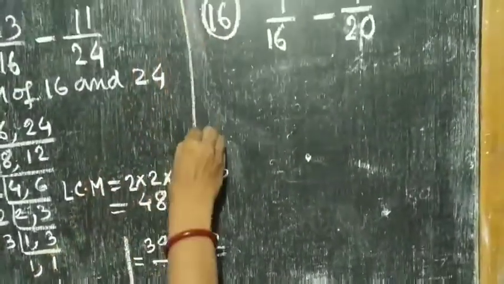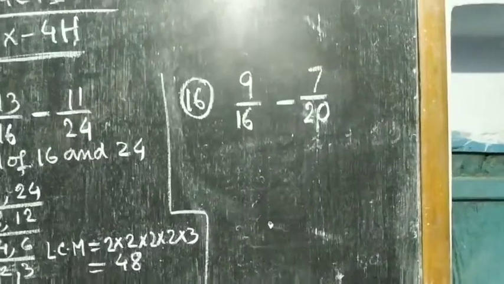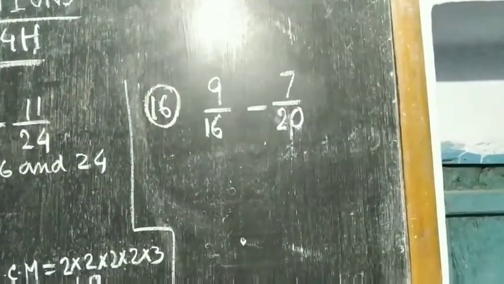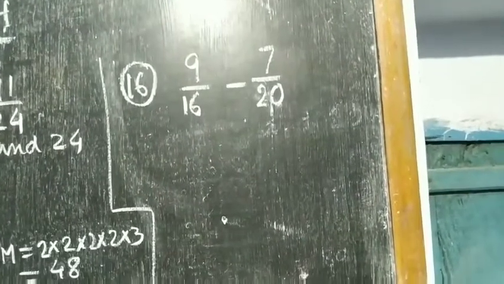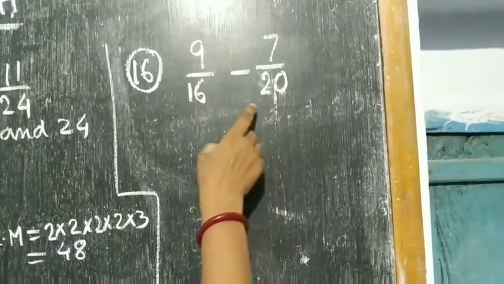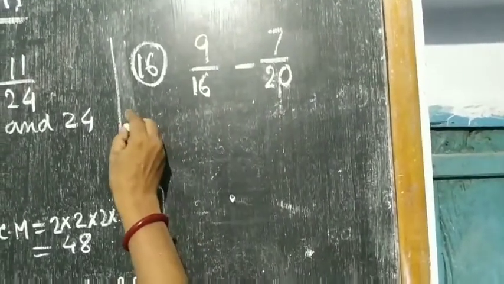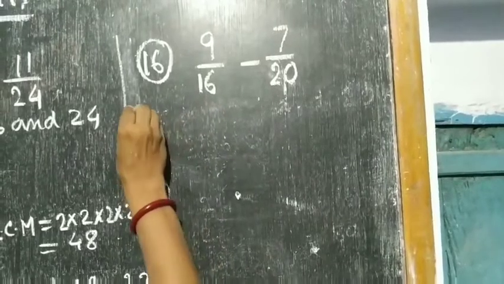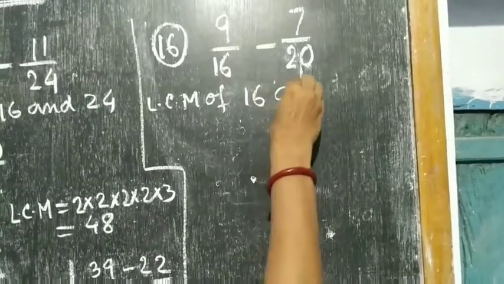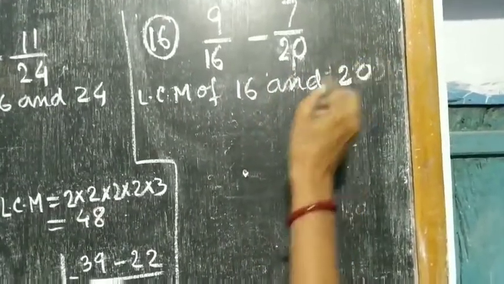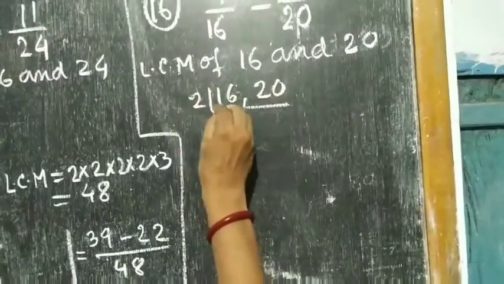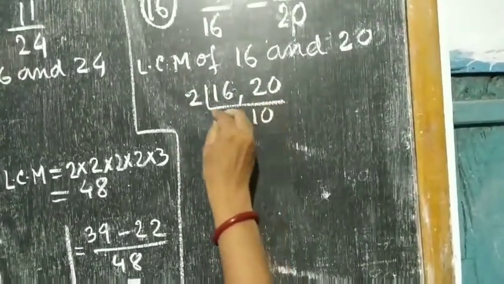Now children, let us do sum number 16. Sum number 16 is 9 by 16 minus 7 by 20. First you take the LCM of the denominators 16 and 20. Here also I shall use the repeated division method. So LCM of 16 and 20. First divide them by 2: 8, 10.